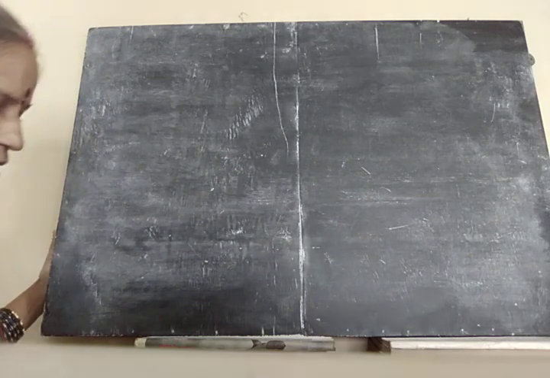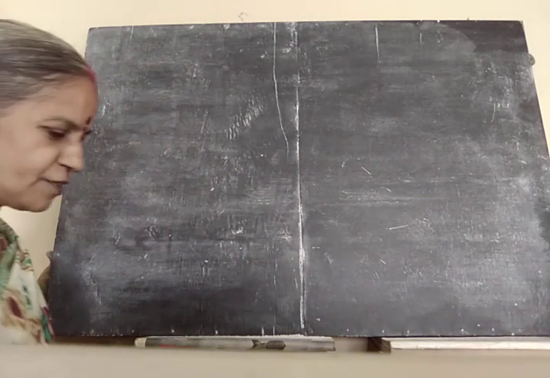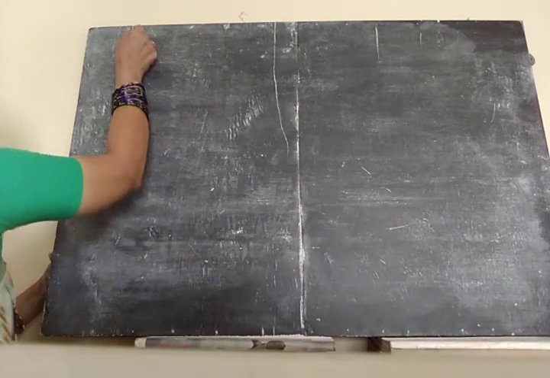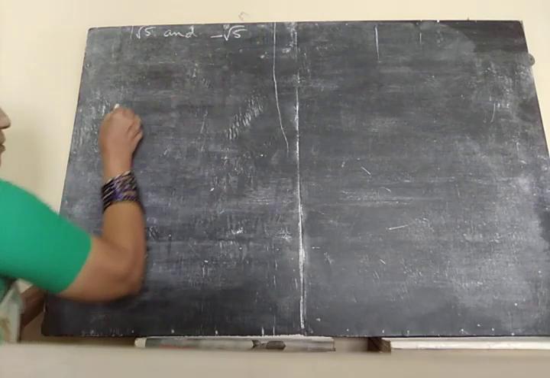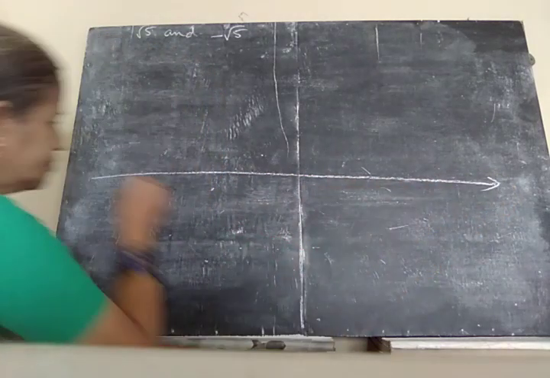Understood? Now, see, try these, page number 12. Locate root 5 and minus root 5 on the number line. Draw a line.